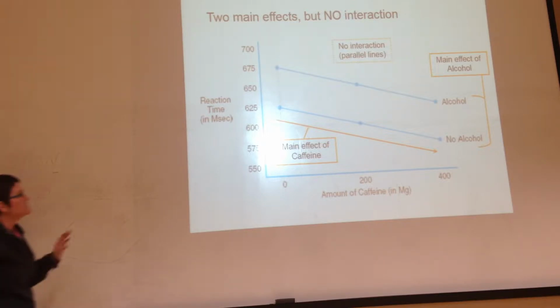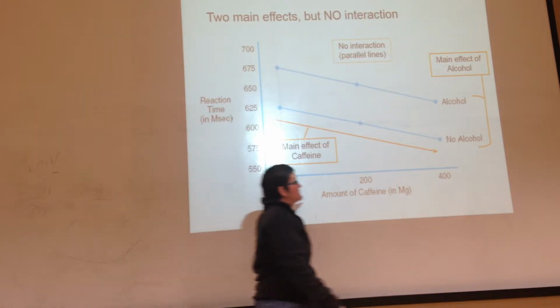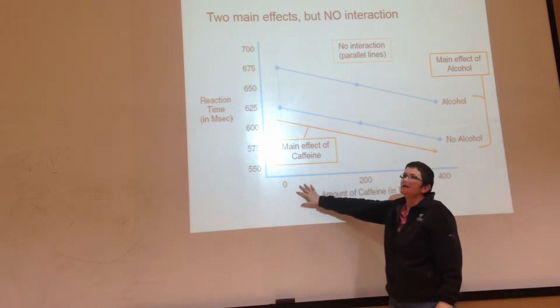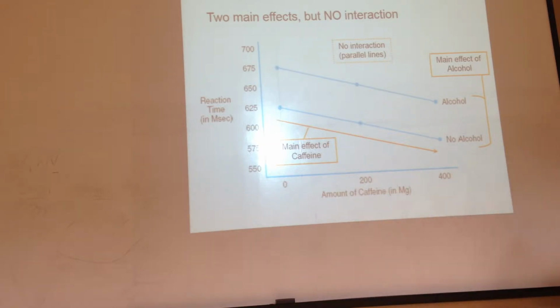So when we're looking at a graph and I want to know if there's a main effect of the variable on the x-axis, this one down here at the bottom, and I've got a line graph, I'm going to look at the slope of the line. Because these lines have a slope that's not 0, there's a possible main effect of the variable on the x-axis.